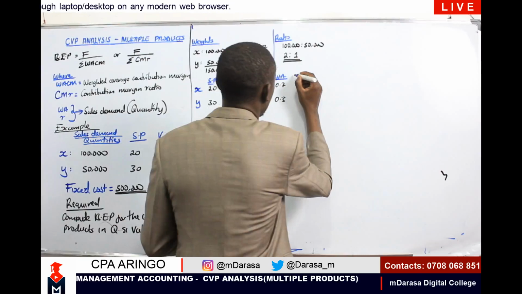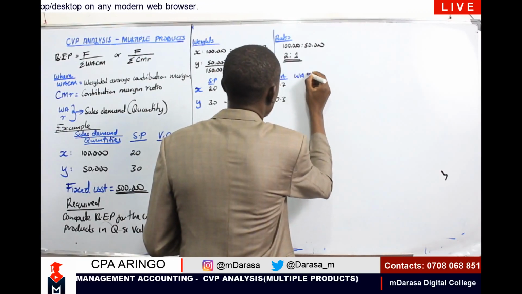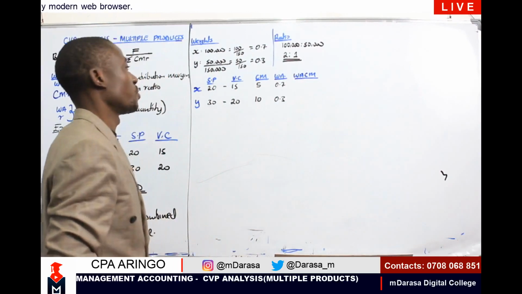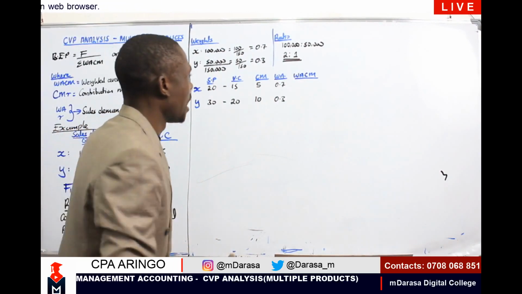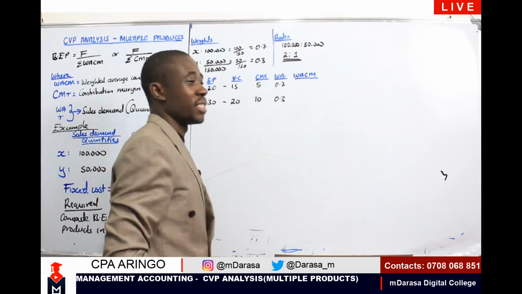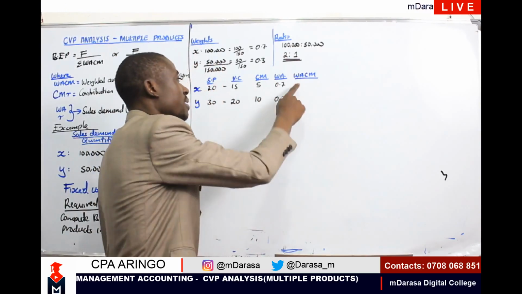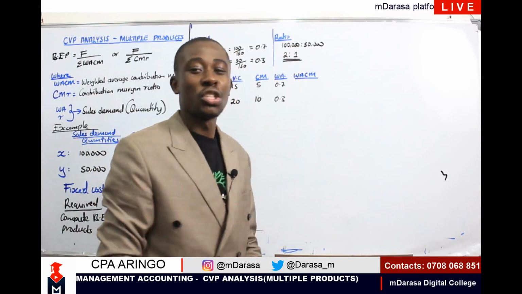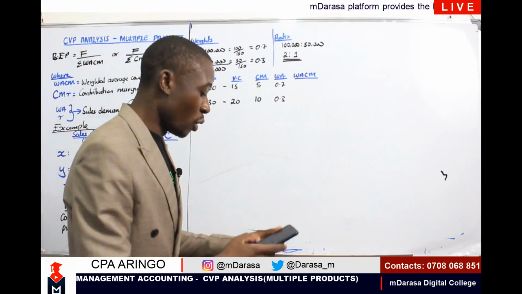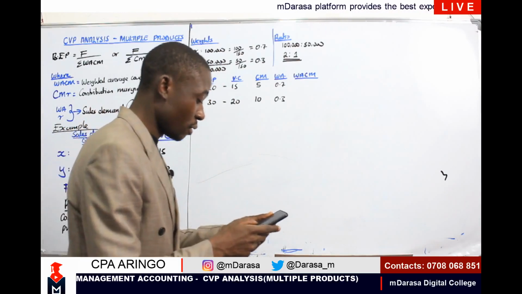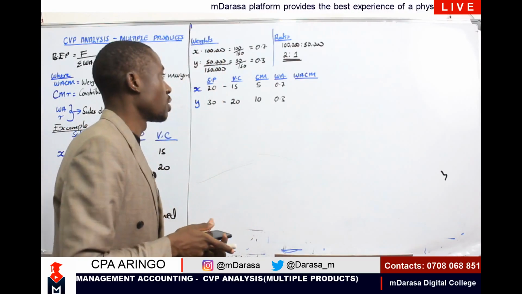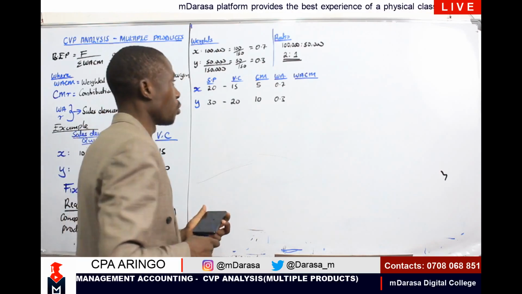So determining our weighted average contribution margin, what are we going to consider, my good students? I'm going to take our contribution margin and multiply by our weight. That should give us our weighted average contribution margin. So I'm going to take our 5, multiply by 0.7, right? That should give us 3.5.